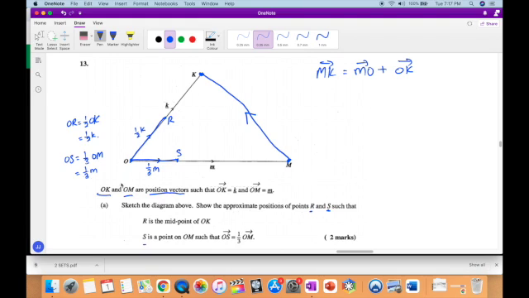Remember, OM is equal to small m. So therefore, MO will be equal to negative small m. You understand that, Scotia? So therefore, MK is equal to MO, which is negative small m, plus OK. OK is small k. So therefore, MK is really just k minus m.